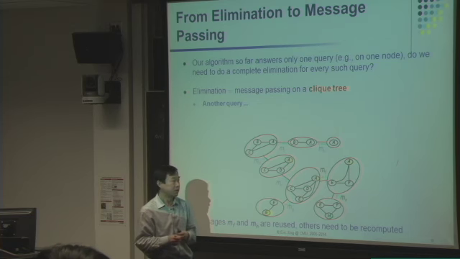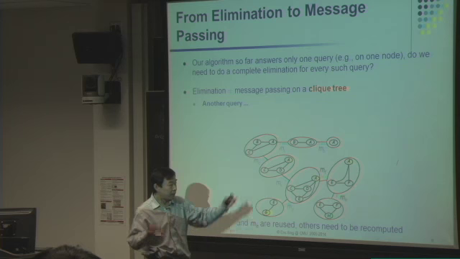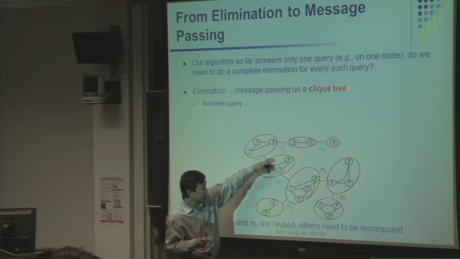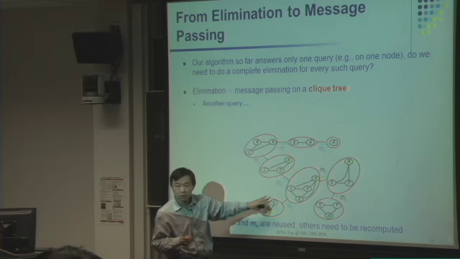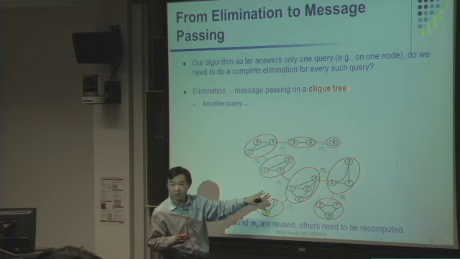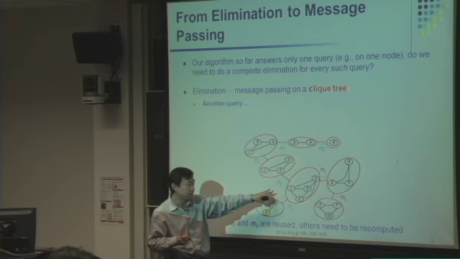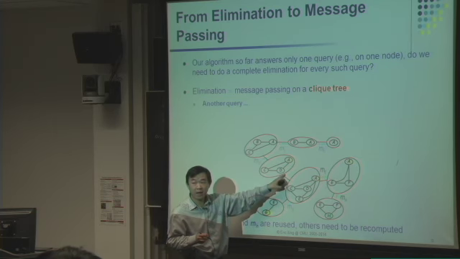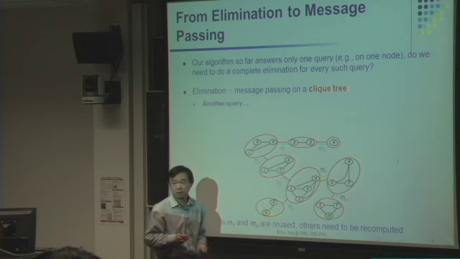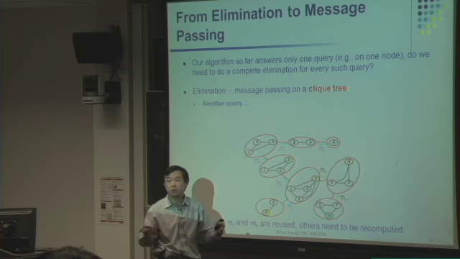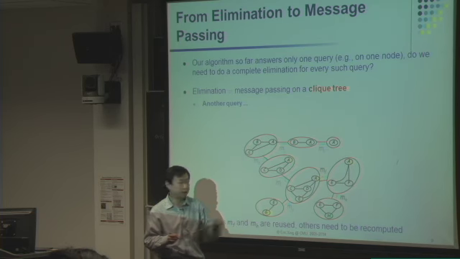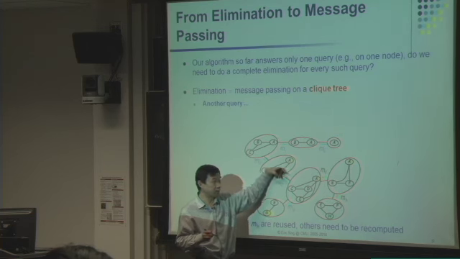Also, once I establish this graph of cliques, in particular here a tree of cliques, then on every edge of this tree of cliques, there are only two ways of sending a message. One is to go that direction, the other is to go this direction.